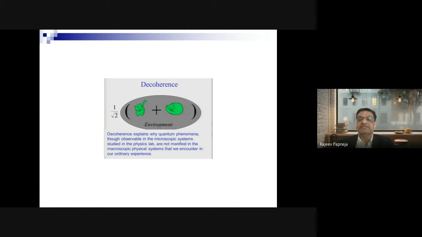This phenomenon we call decoherence helps us to understand why it is that quantum phenomena, although they occur at the scale of individual atoms or electrons, are not generally seen in macroscopic systems, because macroscopic systems cannot be perfectly isolated from the environment.